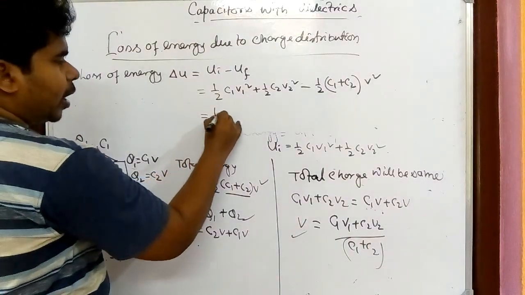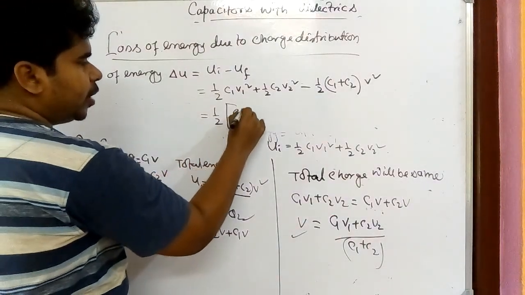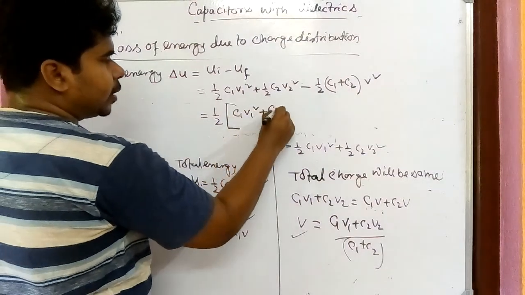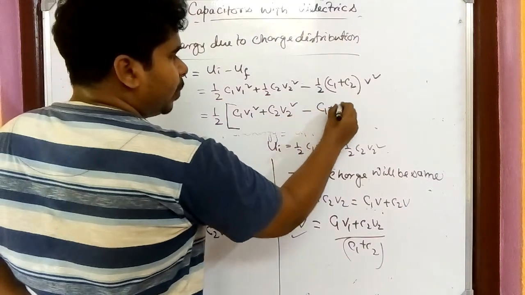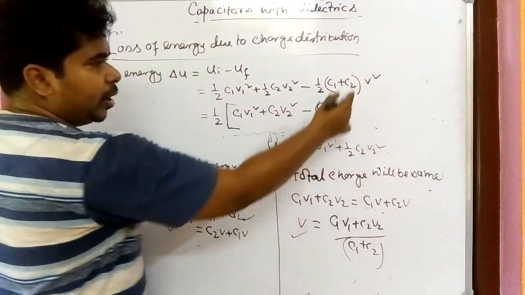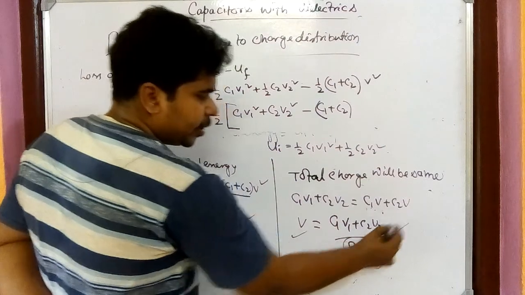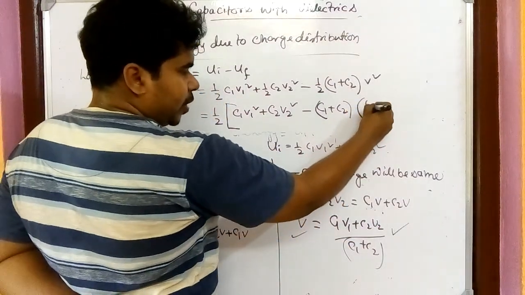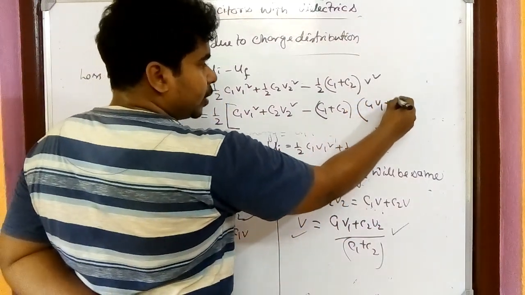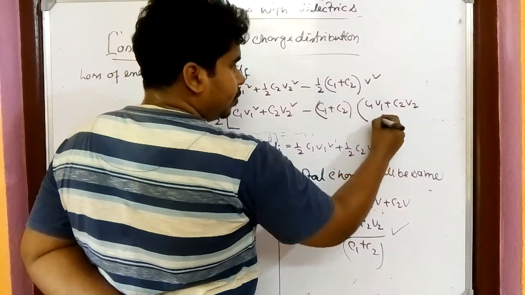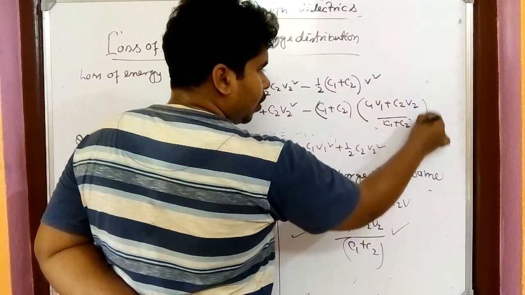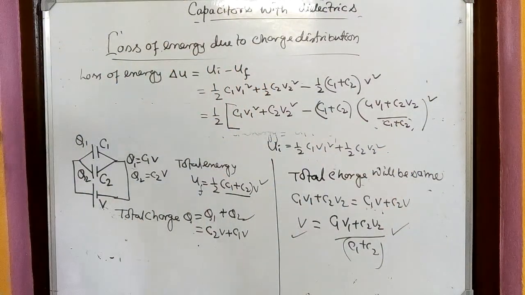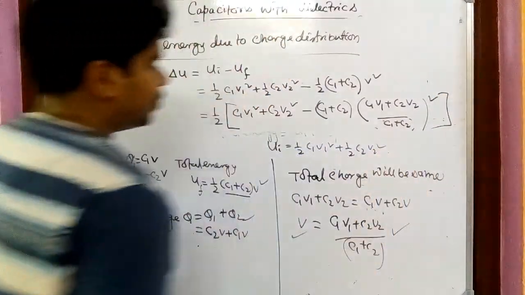If we take a common half, it is C1 V1 square plus C2 V2 square minus C1 plus C2 into, instead of V square I have to write this, that is C1 V1 plus C2 V2 by C1 plus C2, whole square. Okay, so complete the third bracket.